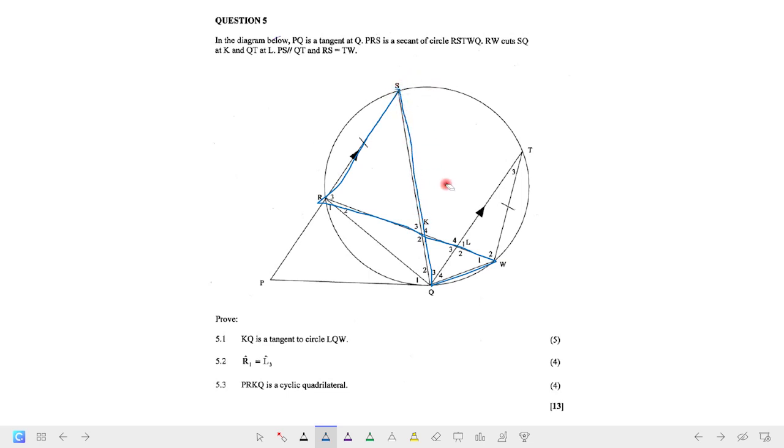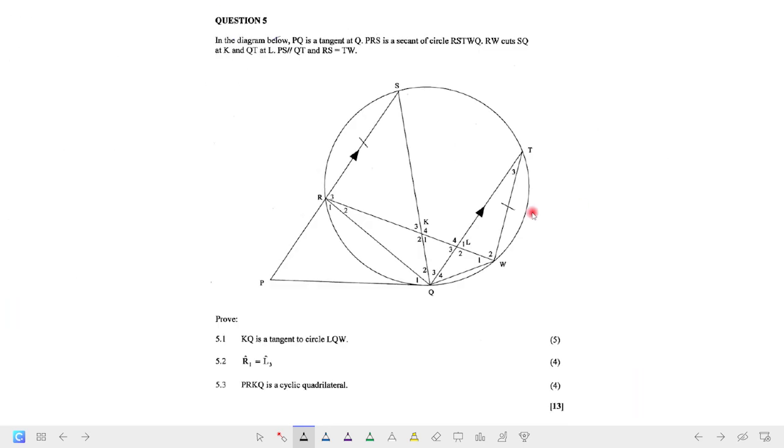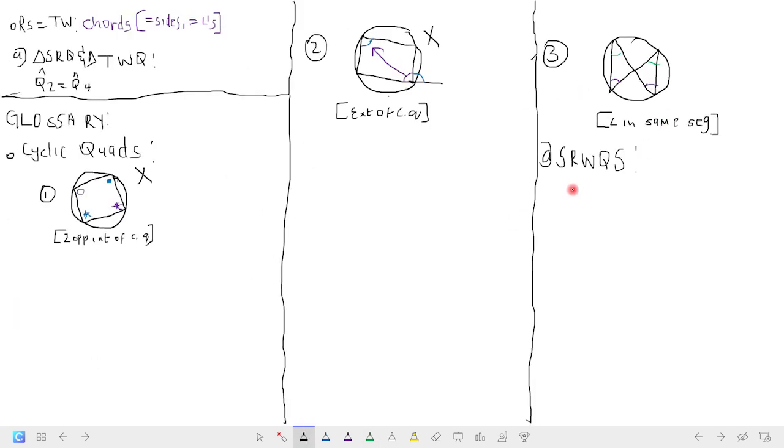So let's start with the one that we have here. It's S R, sorry, it's S R W Q, then back to S. So what is happening here? In S R W Q S, this angle S is going to be the same as angle W1, not S1, it's W1.